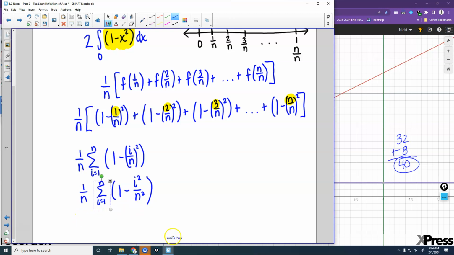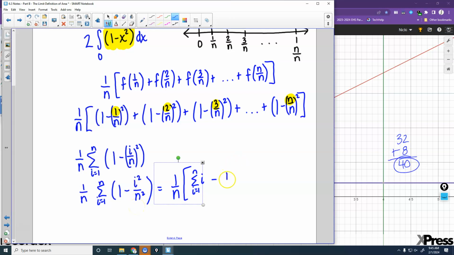which if I want to write it, I can do 1 over n, make sure you got a bracket there. The sum from 1 to n of i minus, right here, I'm going to do this, n squared, again, is like a scalar multiple, right?